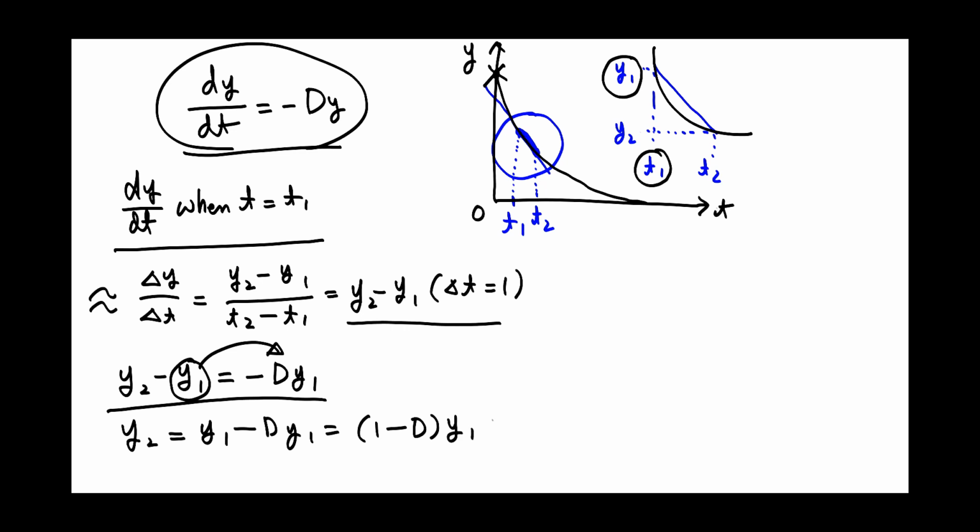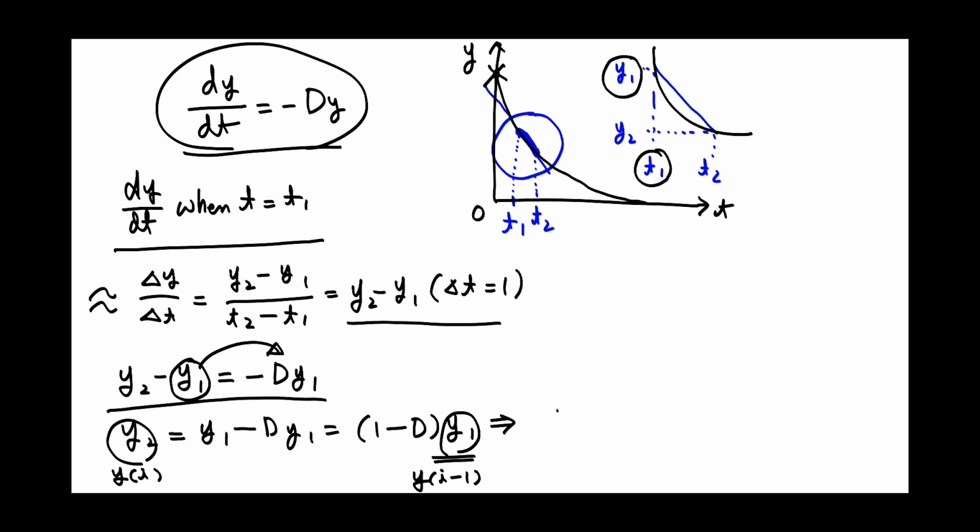Let me convert this into another form. Instead of saying y2 and y1, we say this one is the previous value of y using the discrete time index i, and this is the current value of y. Then what do we have here?